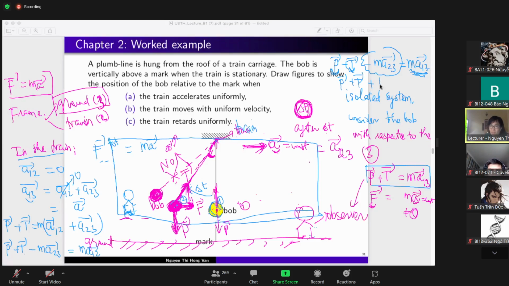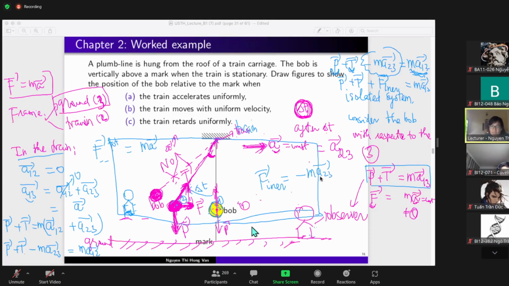So here I have the new force, the inertial force, F inertial, equal to minus M A23.